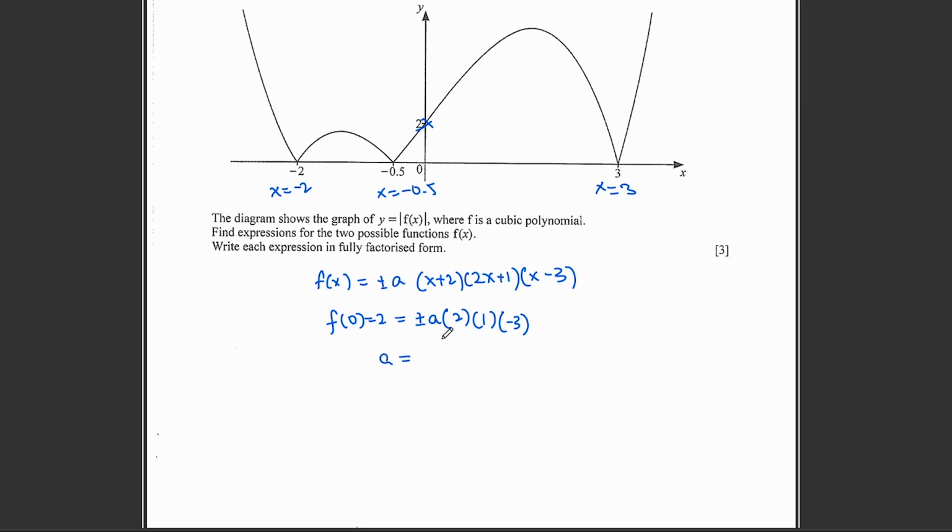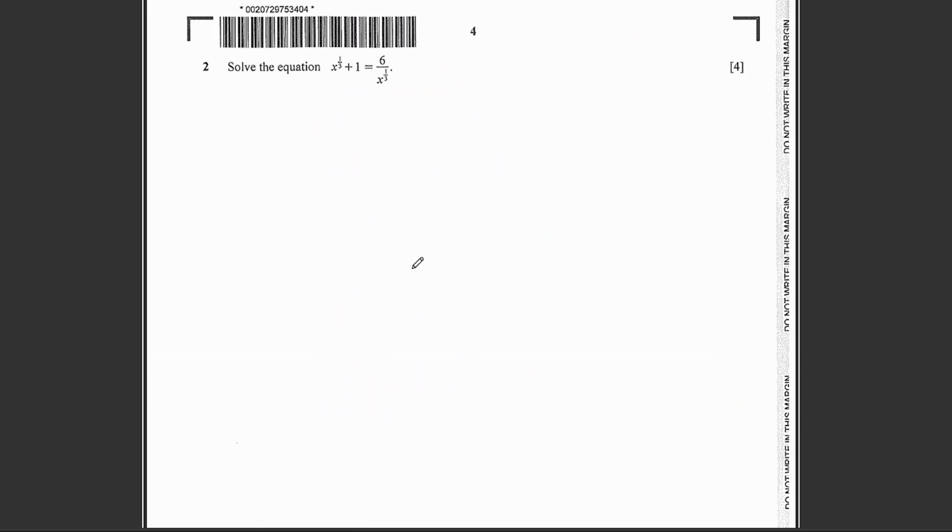So a here, you get, right, so our final function will be plus or minus 1 over 3, (x plus 2)(2x plus 1)(x minus 3).